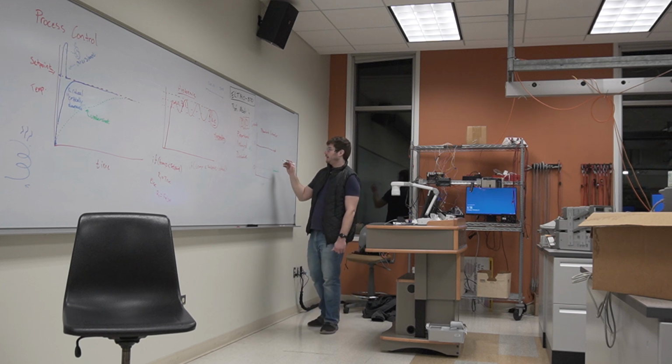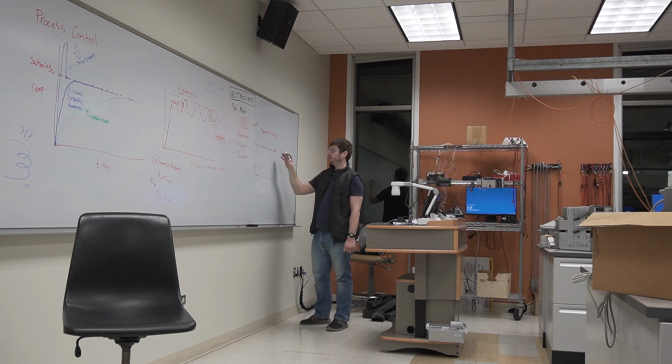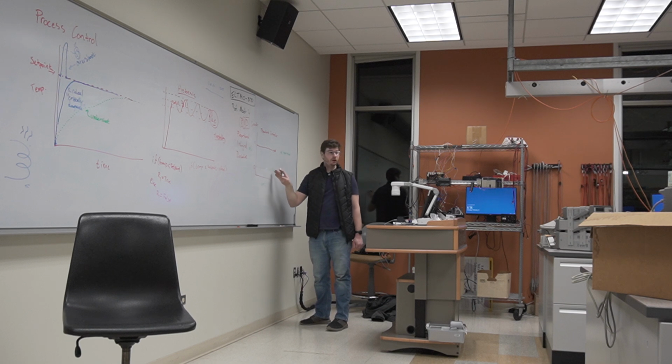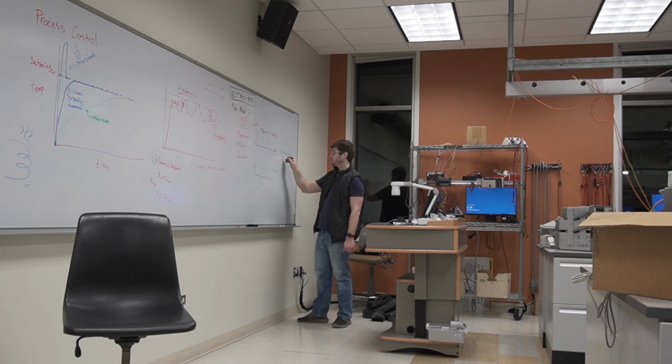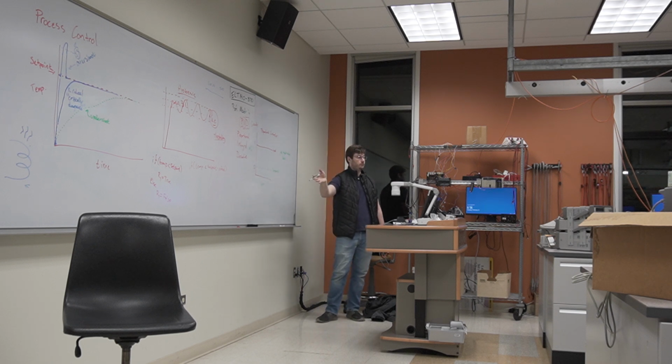Okay, right now, our error, delta E, defined as input minus output, right? It's the difference between what our set point is, where we want to be, and where we currently are, right? So right here, really easy, our delta E, our error, is just equal to 1 degree Celsius, which is our symbol here, right?